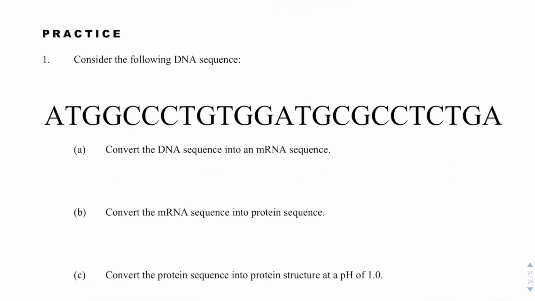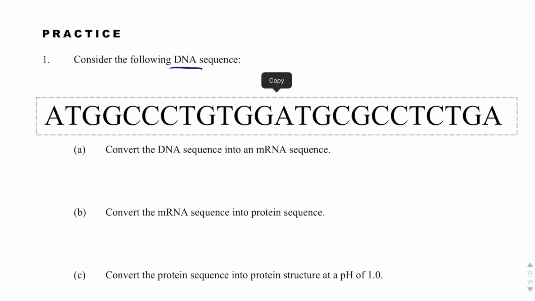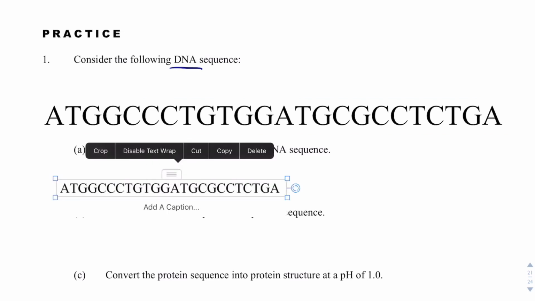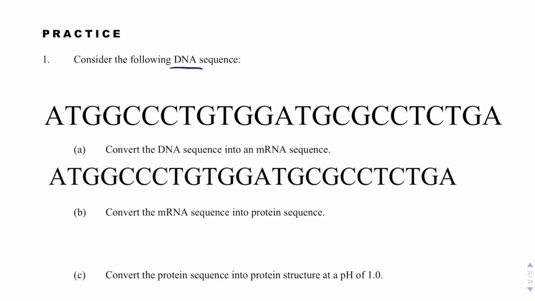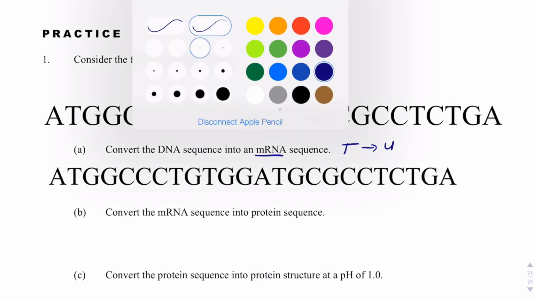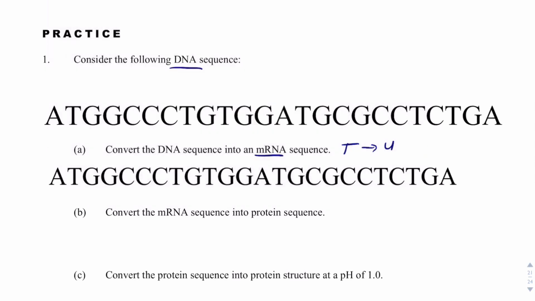So what we want to do is, let's just say we have this DNA sequence. There are a lot of ways you can think about this, but I like to take this and repeat it here. When I go into mRNA, the only thing that is changing is T's go to U's. So I'm going to get some white out here.